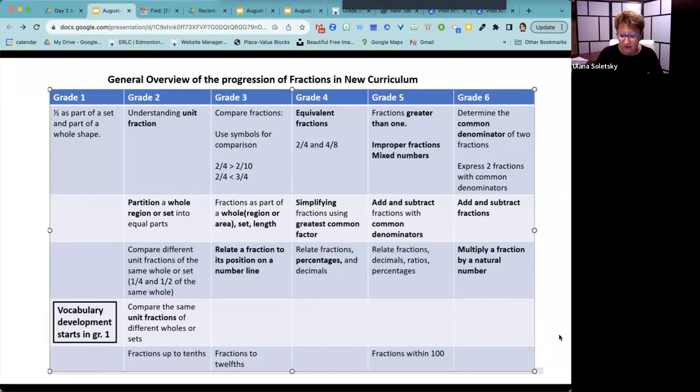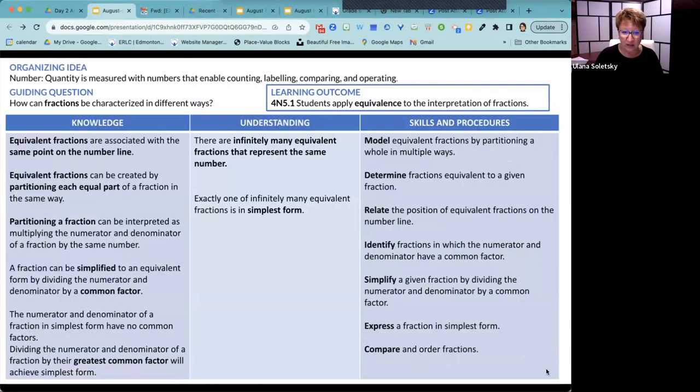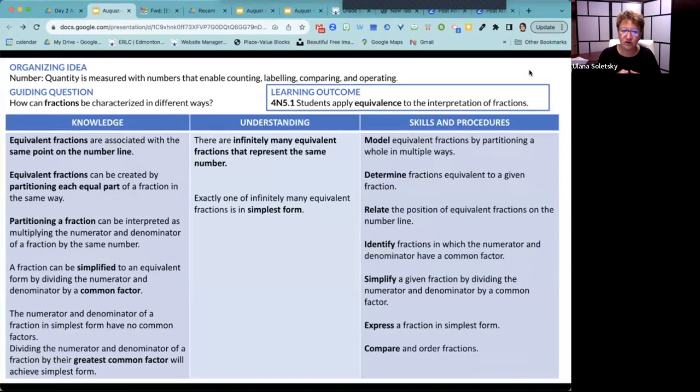So let's get on with the show here. Grade 4, now on that scope and sequence, I basically just gave you a quick overview. But if you go to your cusps, you will see how we are to teach this.